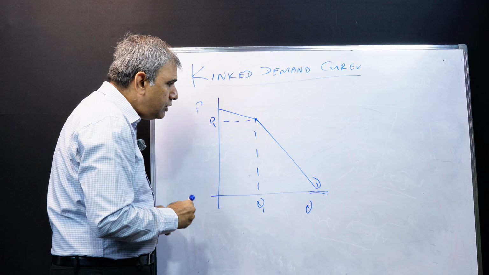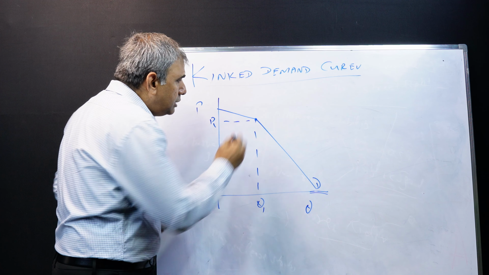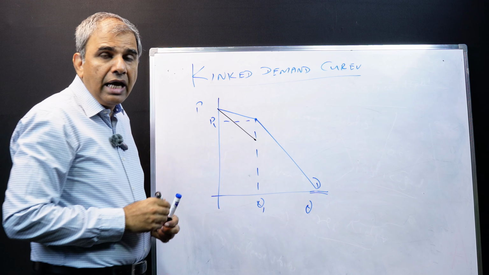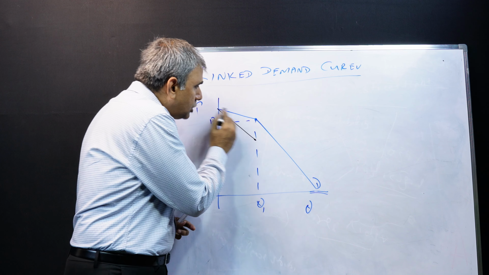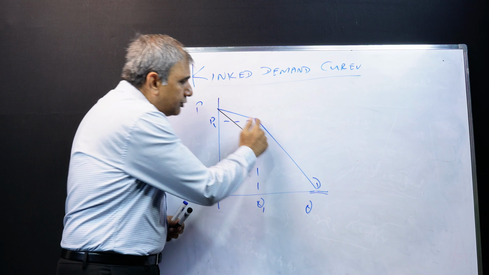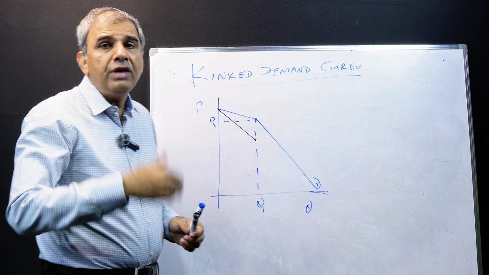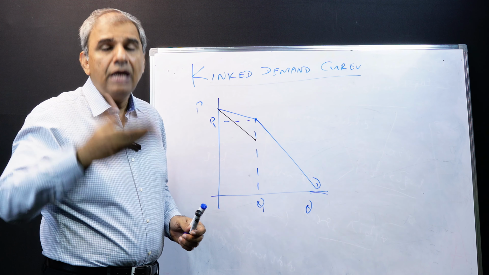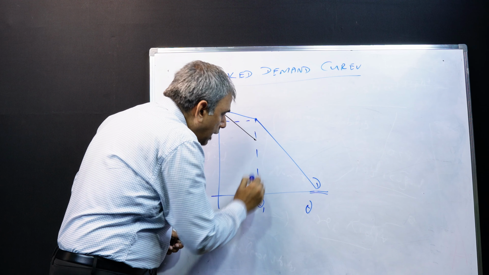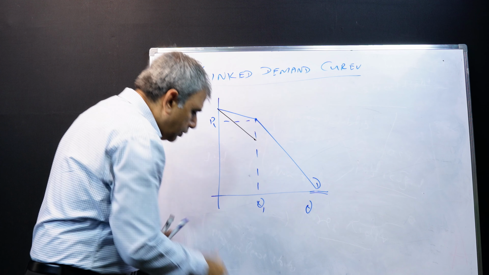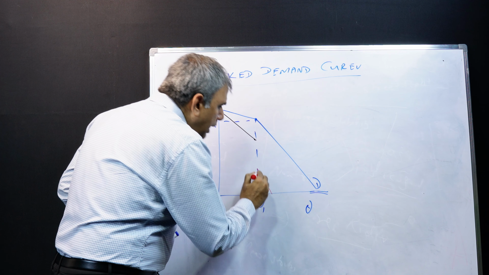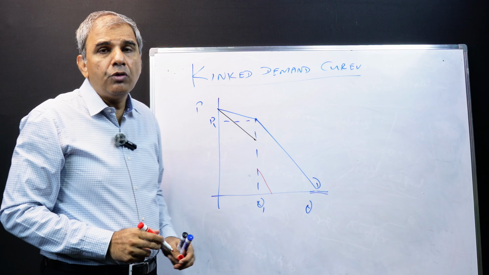So if we draw the MR curve for the flatter part of the demand curve, I am using this black line. On the other hand, the steeper part of the demand curve will be followed by another MR which will begin from here, because this point of the demand curve is starting from here. So this red line is the MR curve which corresponds to the steeper portion of the demand curve.